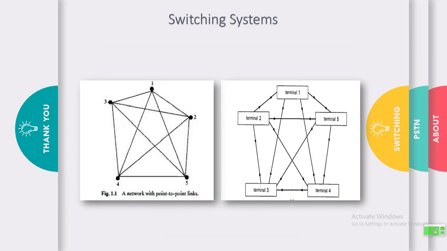Now we move to switching systems. One important question that may come to your mind is why we need a switching system. The answer is, we all know that the destination or receiving points or terminals of all calls are not the same.